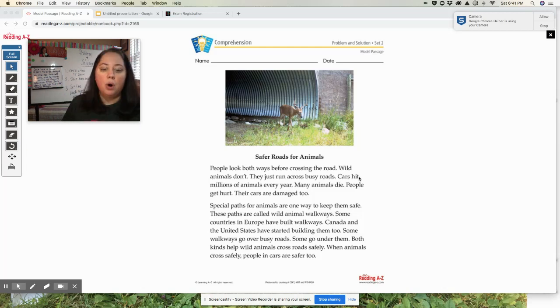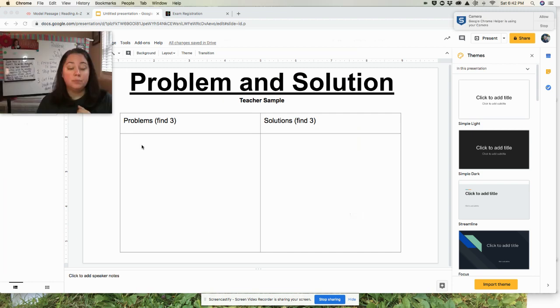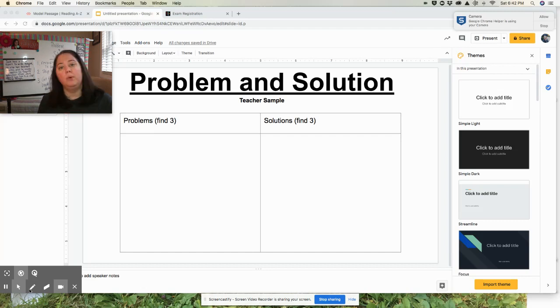So now I want you to take a look at this graphic organizer I'm going to show you here. The next text I'm going to read to you is called Safer Roads for Animals. And again, we're going to look for 3 problems in the text, and then we're going to come up with 3 solutions.